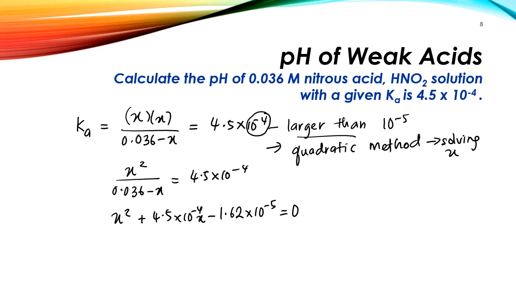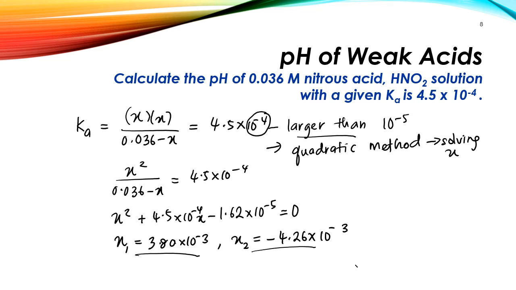We will obtain 2 values of x: 3.80 exponent negative 3, and the second x is negative 4.26 exponent negative 3. So we have 2 values of x, one positive and one negative. Definitely we will use the positive value as the valid value, and the negative is the invalid value.